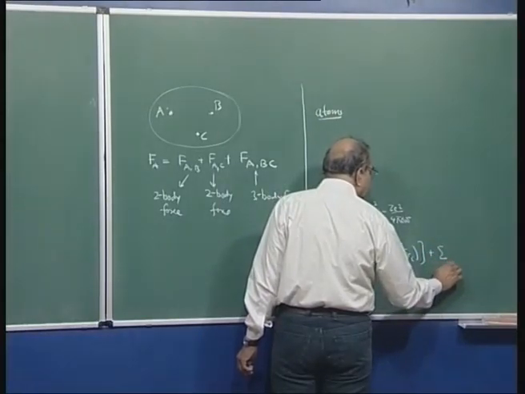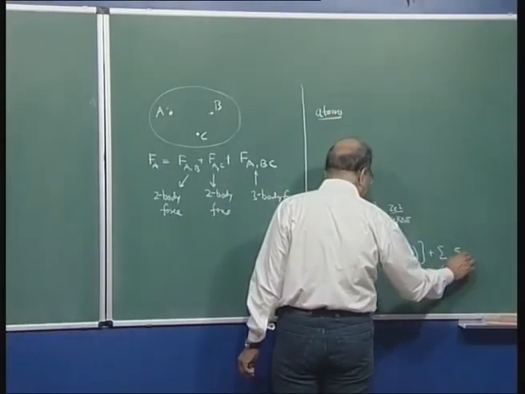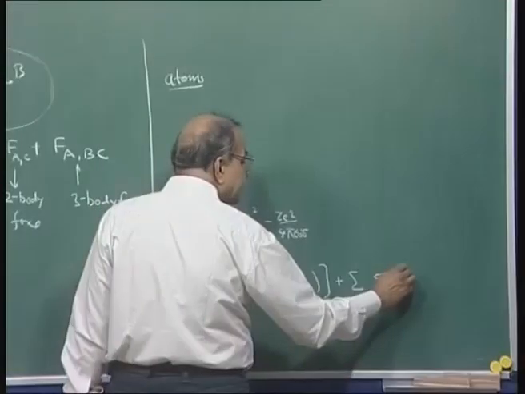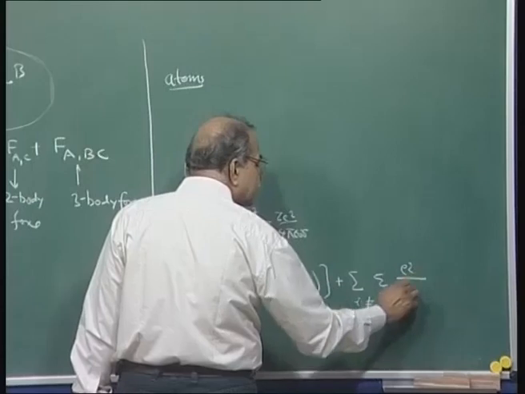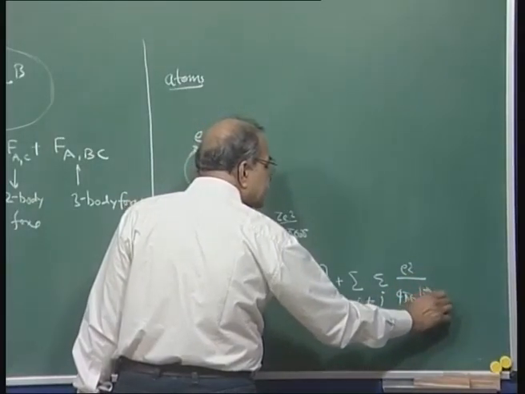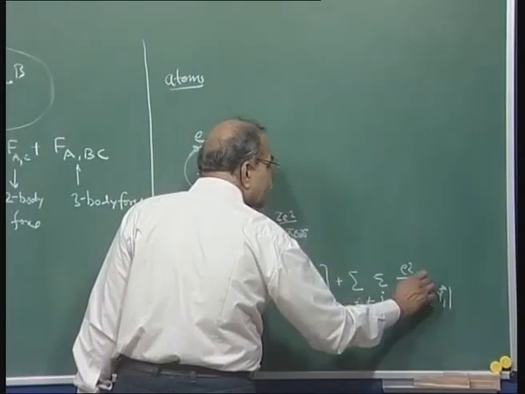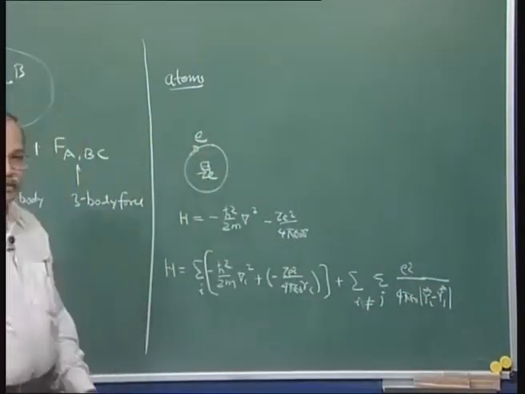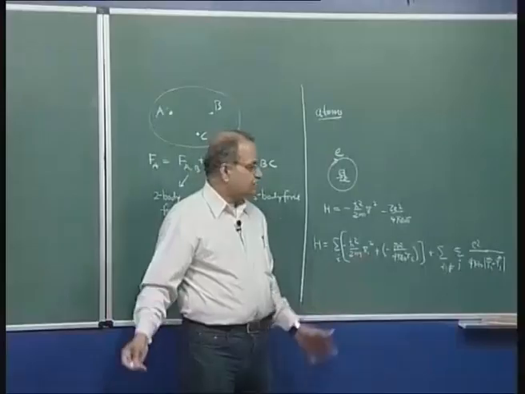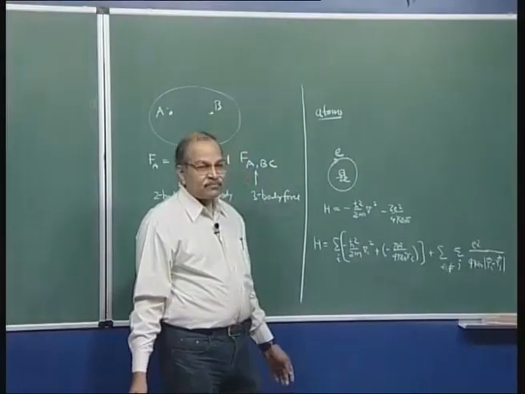So, summation over i and summation over j, with i not equal to j, then it will be e square over 4 pi epsilon naught mod of r i minus r j. So, the whole thing becomes very difficult to handle.